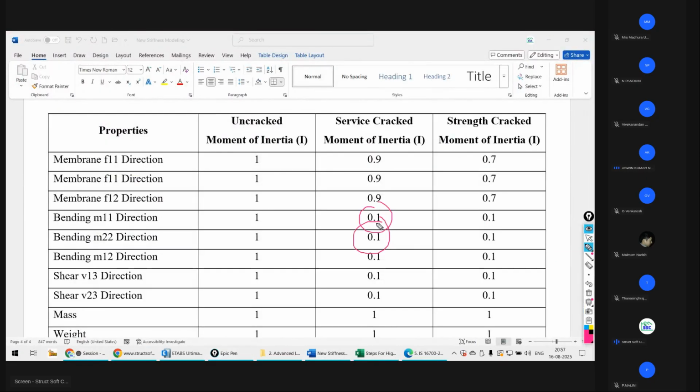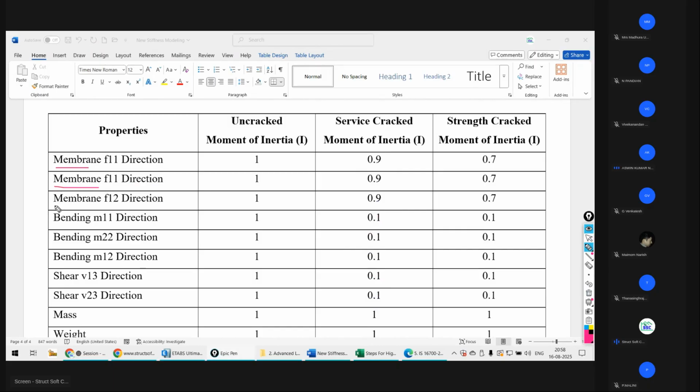0.1, 0.1. For the shear also, shear. Out of plane shears. In plane only the stiffness is there. The concern is in plane, because the shear wall is mainly provided for resisting the shear forces in the in-plane direction. It is the case of your membrane.